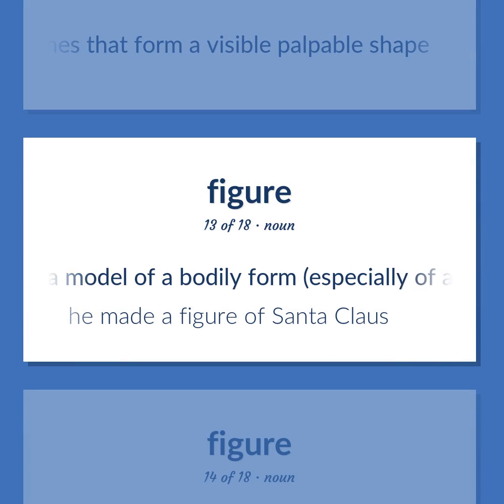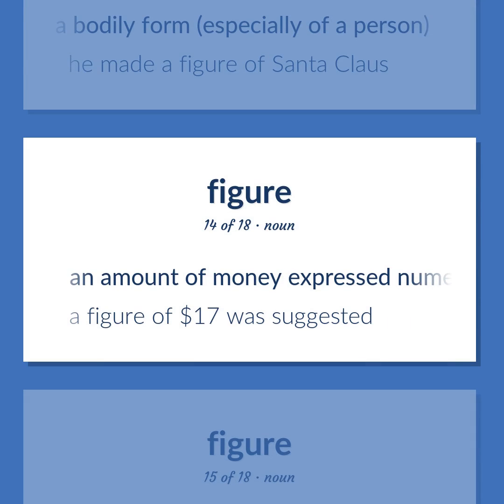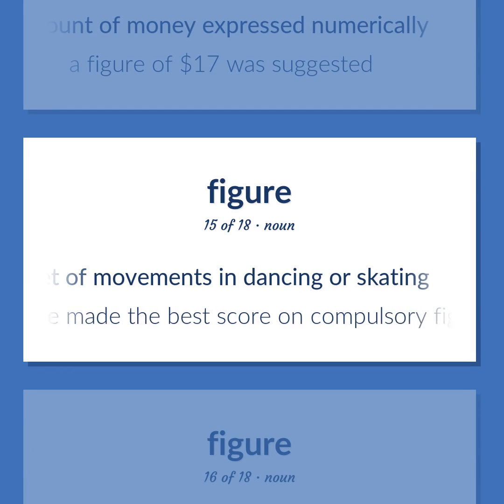A model of a bodily form, especially of a person. He made a figure of Santa Claus. An amount of money expressed numerically. A figure of $17 was suggested. A predetermined set of movements in dancing or skating. She made the best score on compulsory figures.